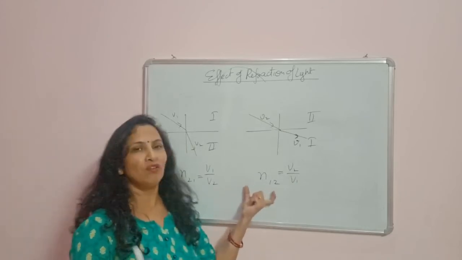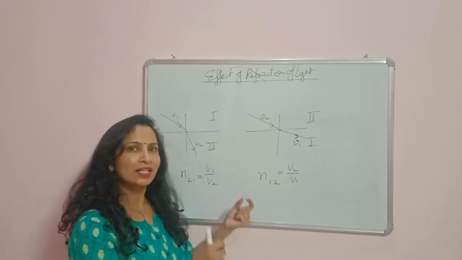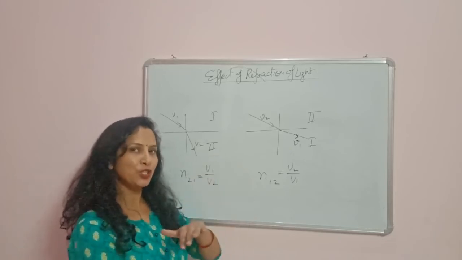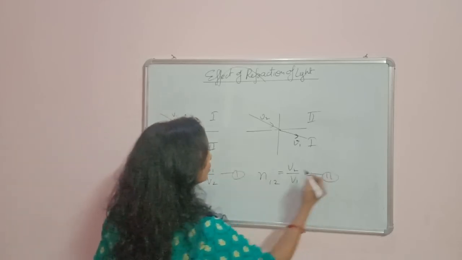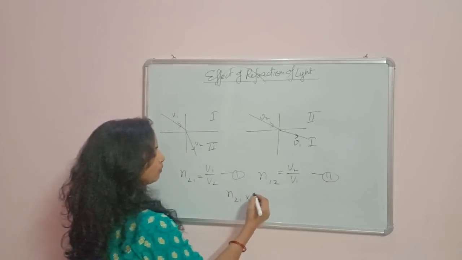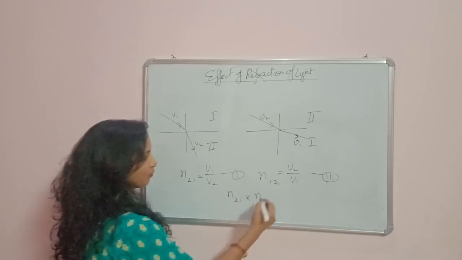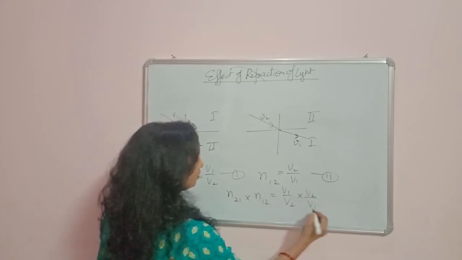The medium of which you want to find the refractive index, you write the speed of light in that medium in the denominator. So, by multiplying equation 1 and equation 2, you will get the refractive index of 2 with respect to 1 multiplied by the refractive index of 1 with respect to 2, equal to V1 upon V2 multiplied by V2 upon V1.